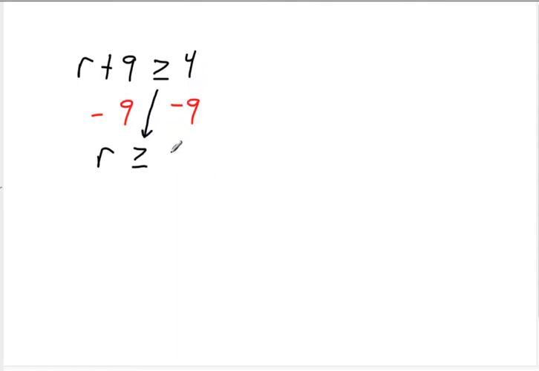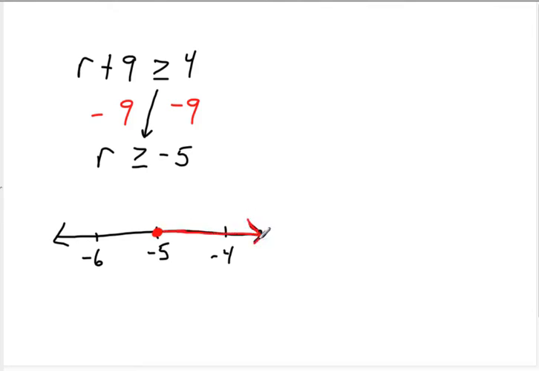And 4 minus 9 is negative 5. To graph that, again, doesn't have to be real fancy. Put a negative 5 somewhere. Negative 6 is over here. Negative 4 would be here. And we need greater than or equal to. So that means it's a filled in circle. And greater than, so like negative 4, 0, 100 would all work.